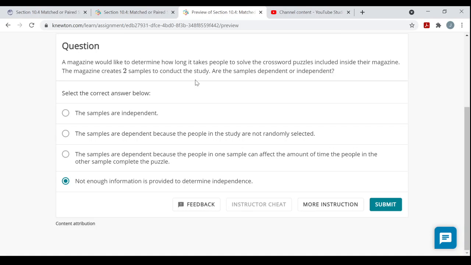And if they have no link and wouldn't affect each other, the times for the people in the first group having no effect on the times for the people in the second group, then they'd be independent. You need more information: how were the samples collected, and how is the study conducted? You need that information in order to determine independence or dependence.